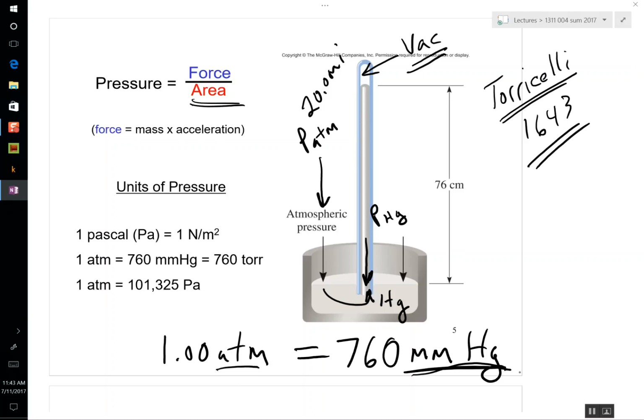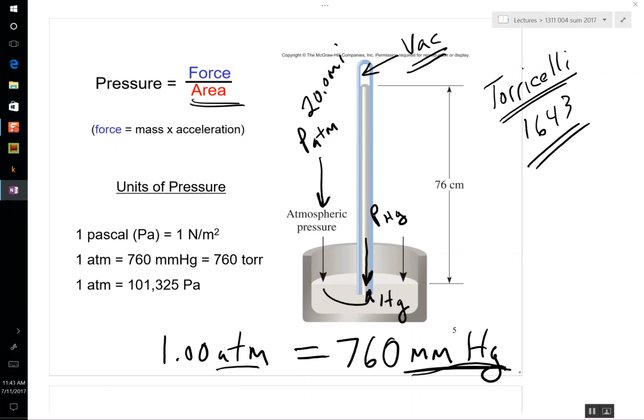Now this is 1 meter, 100 centimeters, 1,000 millimeters. So 10 centimeters is 100 millimeters, 200, 300, 400, 500, 600, 760, right there. So that Torricelli barometer had 1 atmosphere of pressure supporting a column of mercury that high.